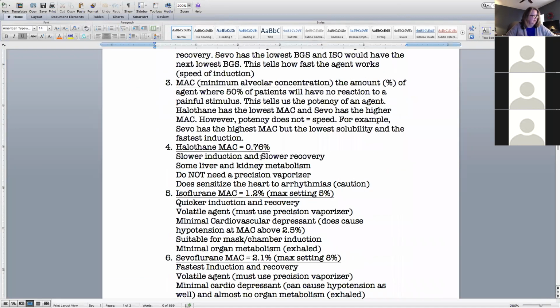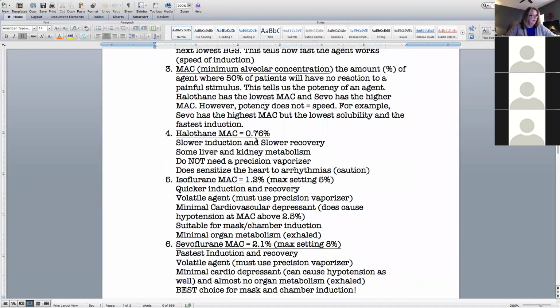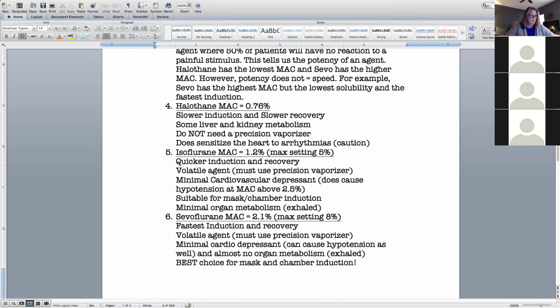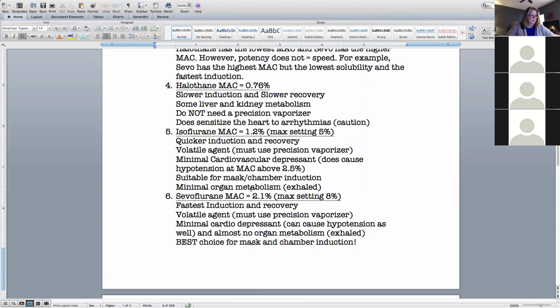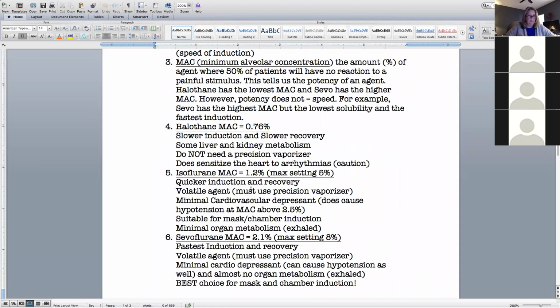Okay, if I go down here, halothane MAC is 0.76, ISO is 1.2, SIBO's 2.1, and I don't think I put methoxyflurane, but I think it was like 0.45. I have to double check.